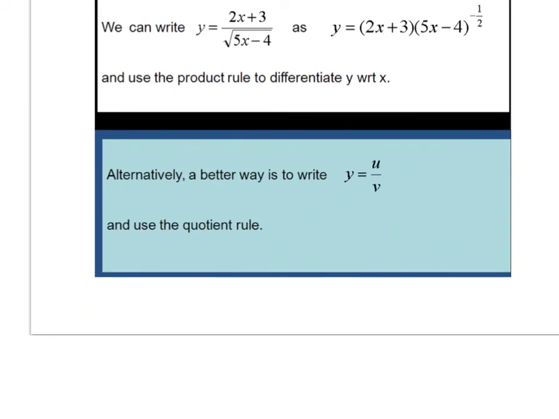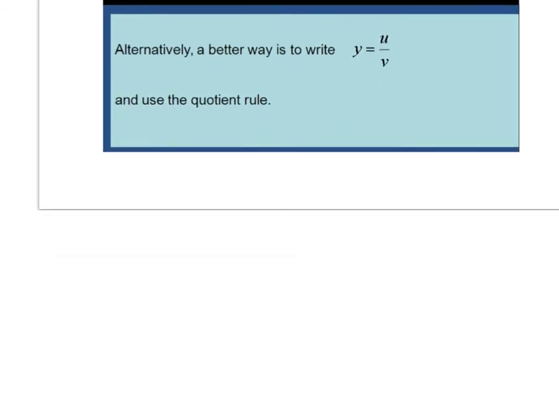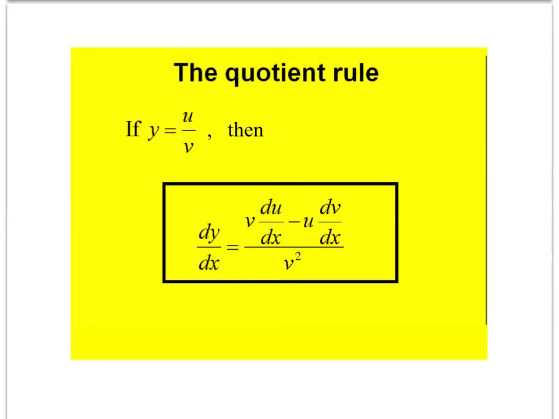So, the quotient rule looks like this, which is a little bit messy. The way that I'd write this is the derivative is equal to u dash v minus v dash u over v squared. Okay, this is just a little bit more formal to write it like this, du dx.